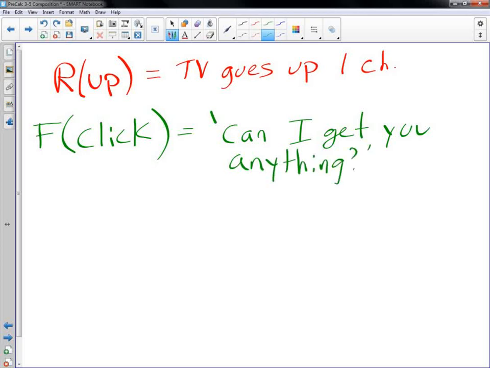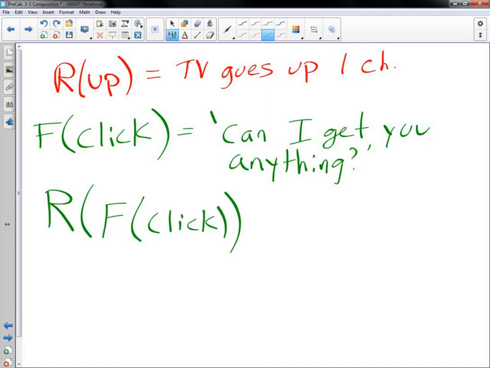All right, and he just kind of blacks out until it's done. Right? So what if I said, I told you, the remote, what would this mean if I wrote that? What's the action?